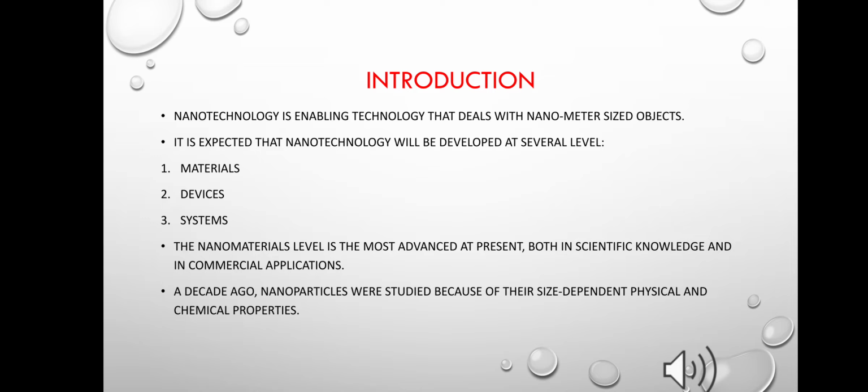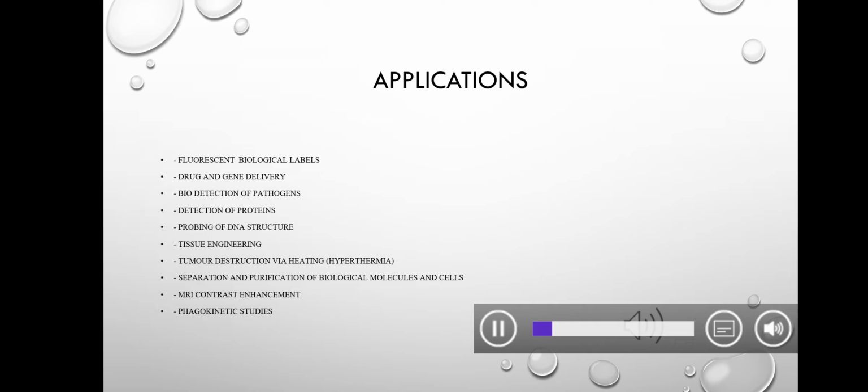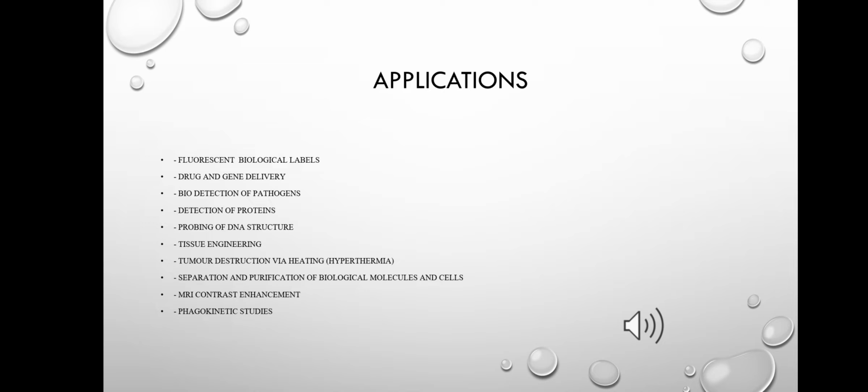Here we can see applications of nanomaterials. They are fluorescent biological labels, drug and gene delivery, biodetection of pathogens, detection of proteins, probing of DNA structure, tissue engineering, tumor detection via heating, that is hyperthermia, separation and purification of biological molecules and cells, MRI contrast enhancement, and pathogenic studies.